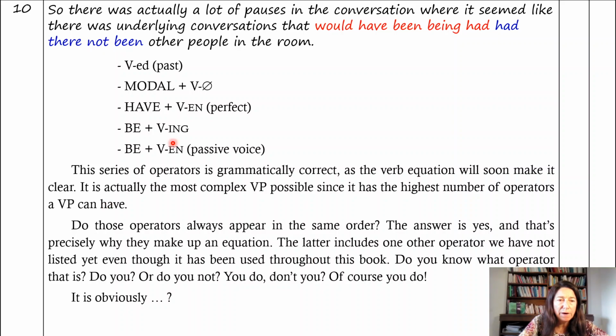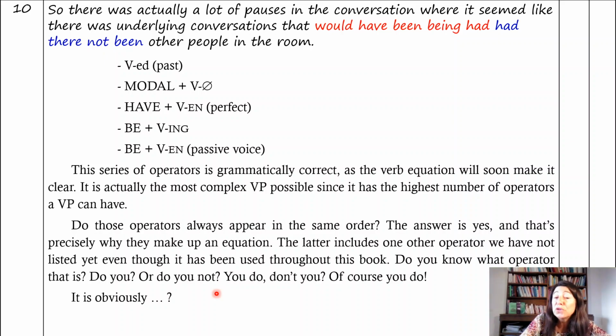So now, is the list of operators complete? Well, on this list, we should also have VS, the present tense, which we have come across. But there's another one that we have not mentioned at all. Do you know what that operator is? Do you? Or do you not?